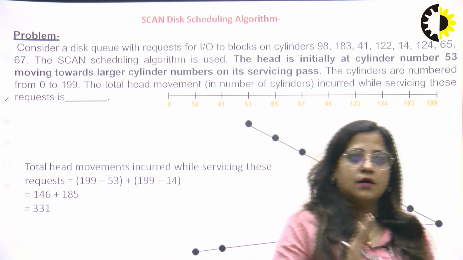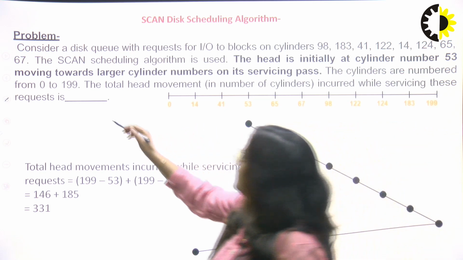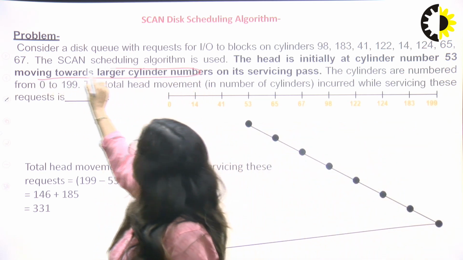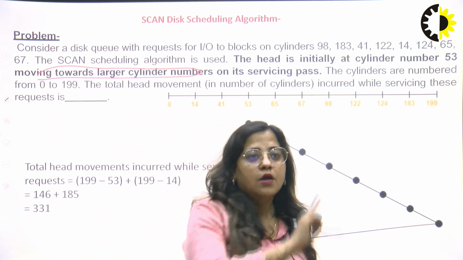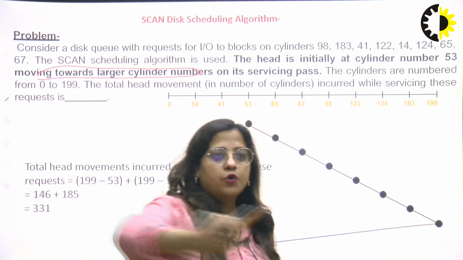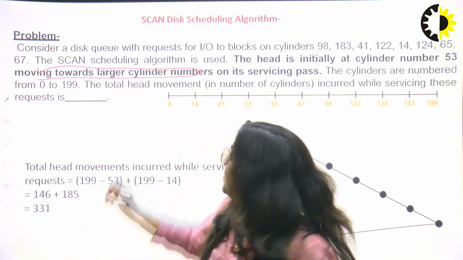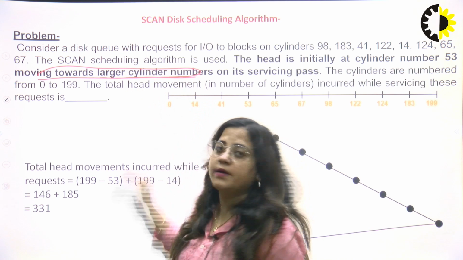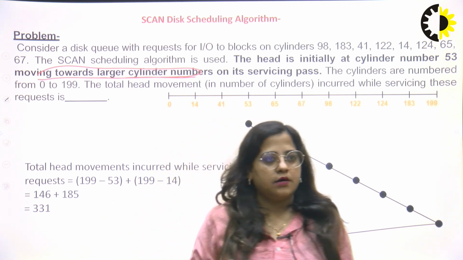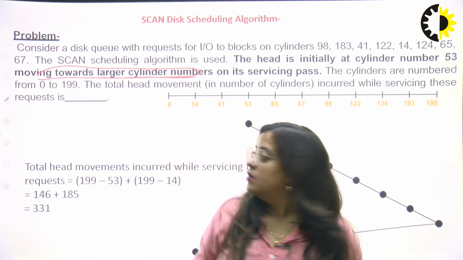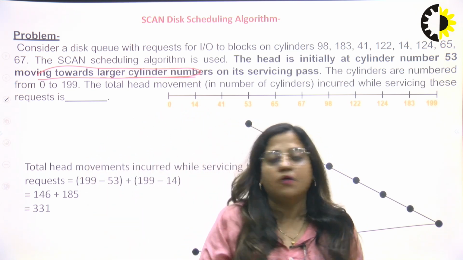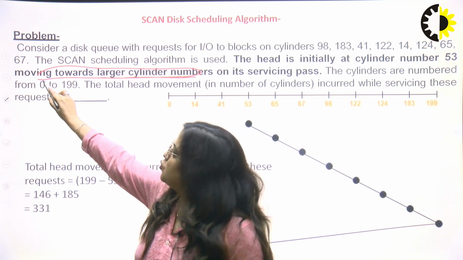If your question says moving toward the larger cylinder number, you start your answer from the head in the right direction. Okay, but if your question says moving toward the lower cylinder number, then your solution starts from the head in the left direction.